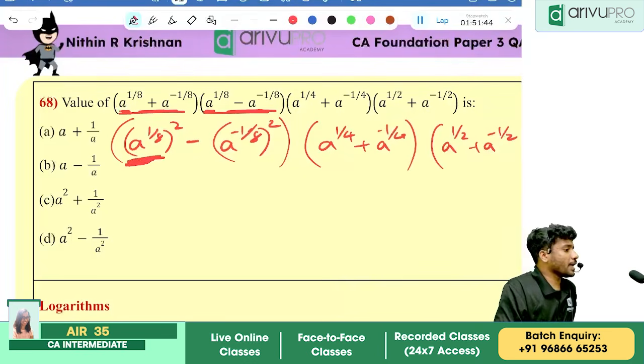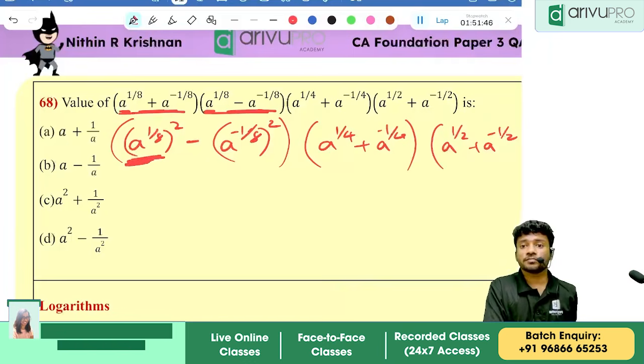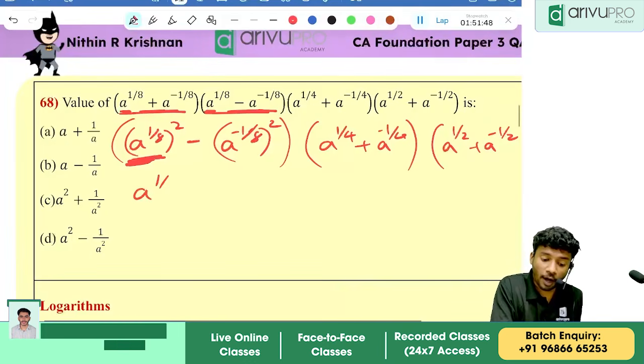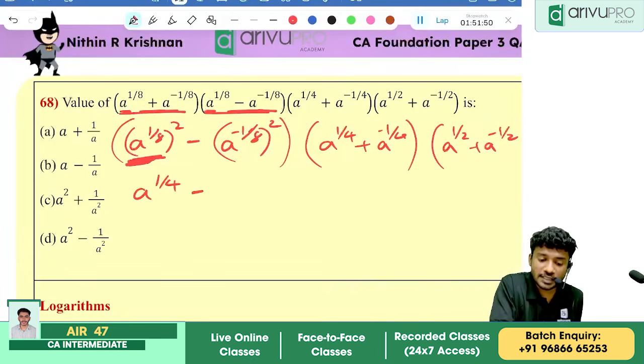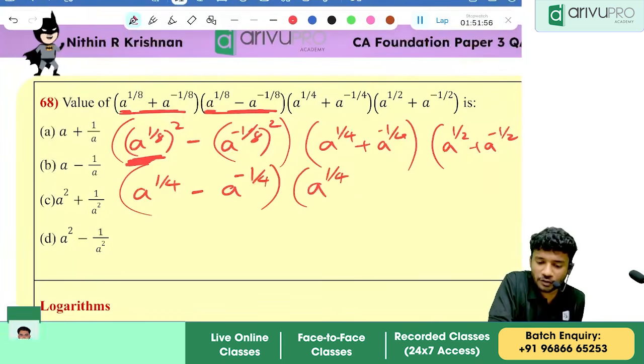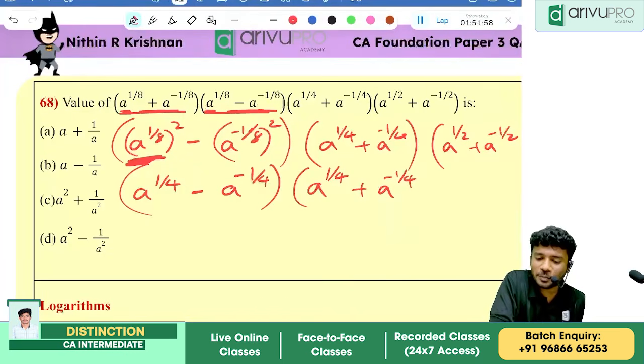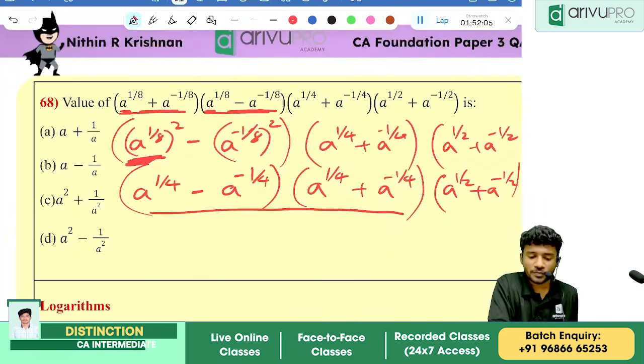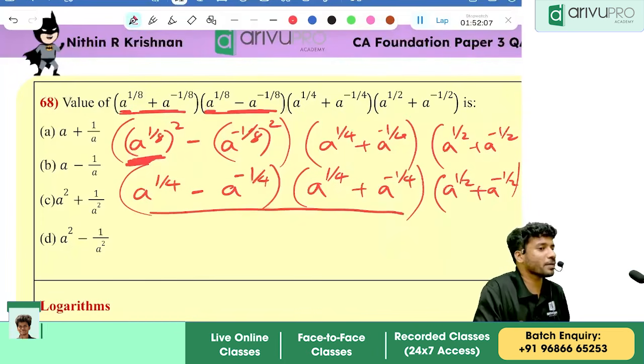A raised to 1 by 4 minus A raised to minus 1 by 4 into A raised to 1 by 4 plus A raised to minus 1 by 4 into A raised to 1 by 2 plus A raised to minus 1 by 2. People, look at these two. Is it of the form A minus B into A plus B?